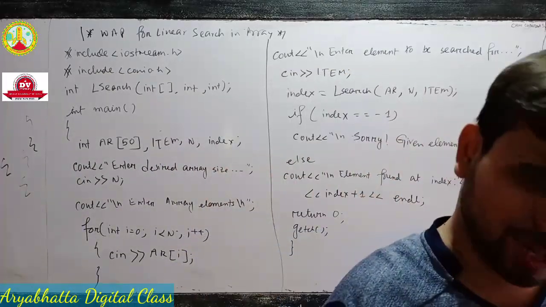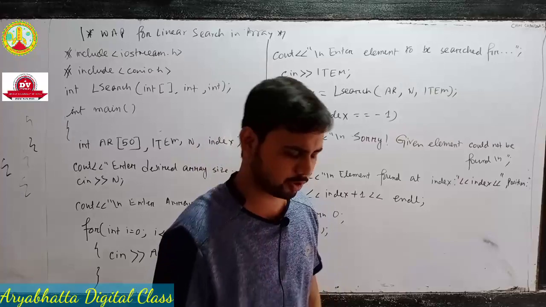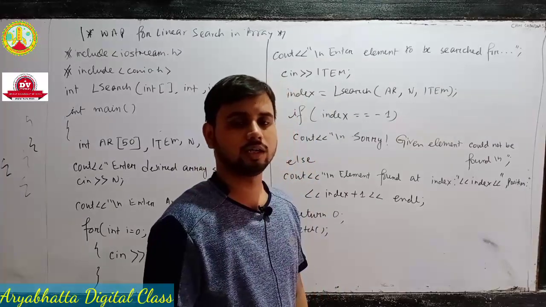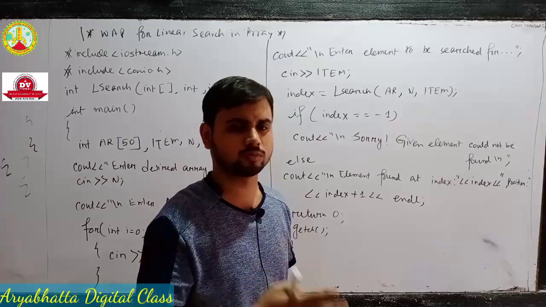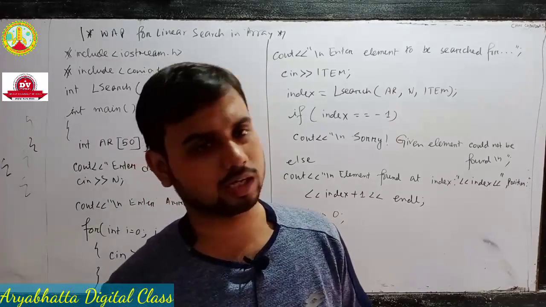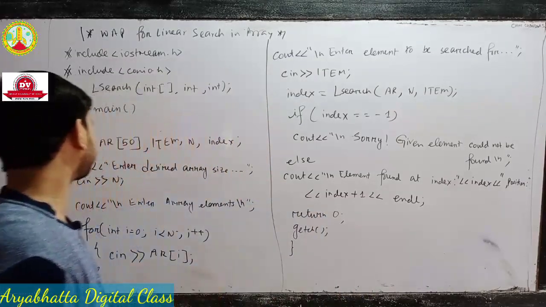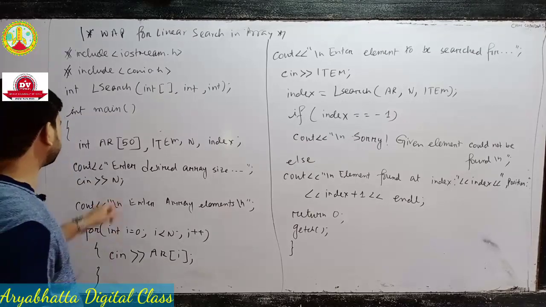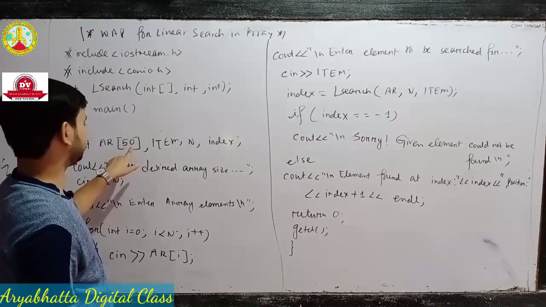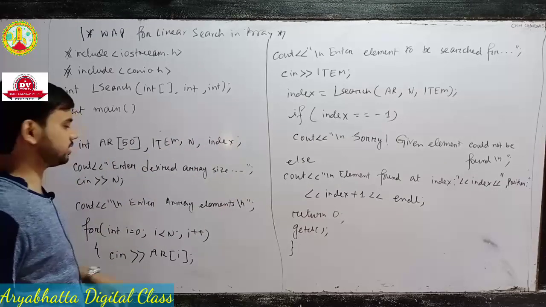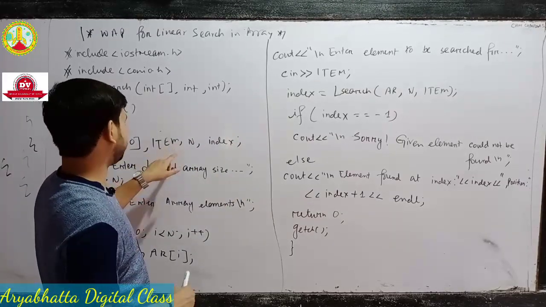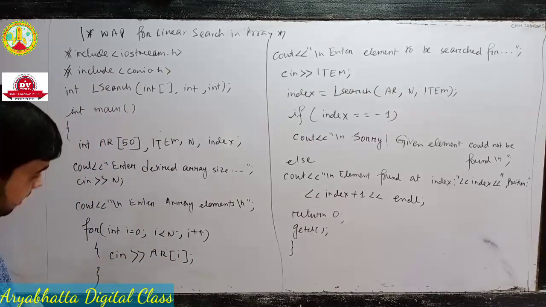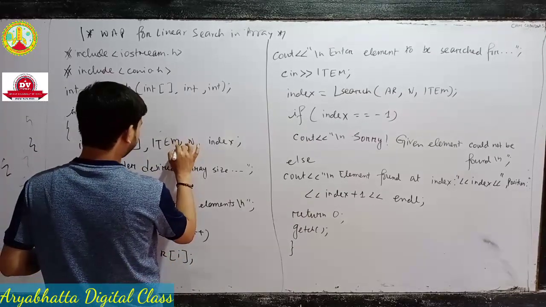One is for the size of the array and the second is for the required item, the element that needs to be searched, right? In the main function we take an array of 50, a large array with memory size 50. The searched element is taken as the variable item.